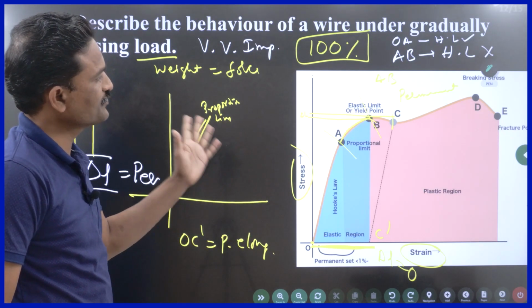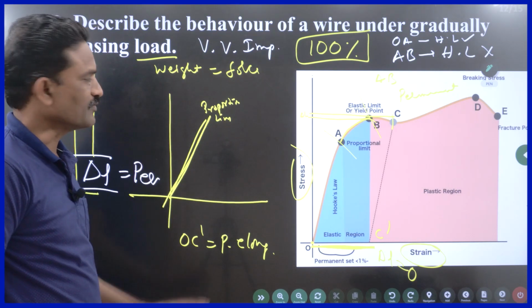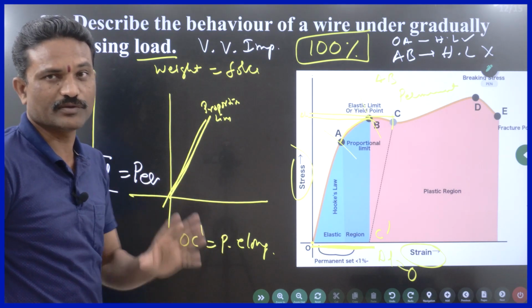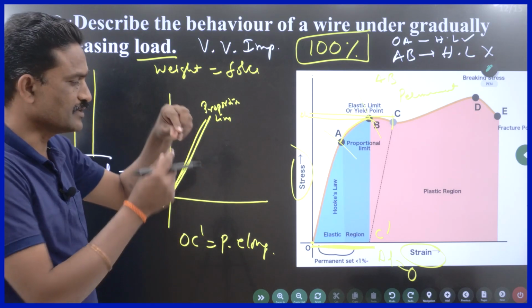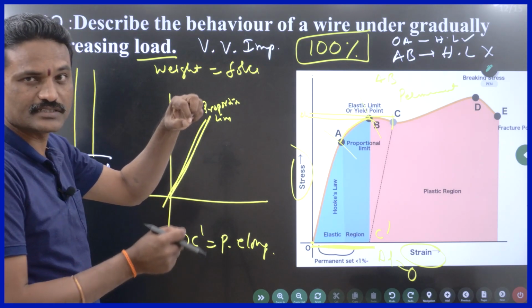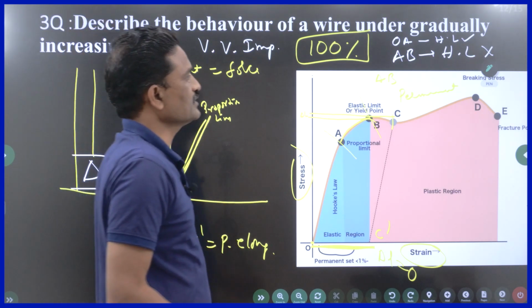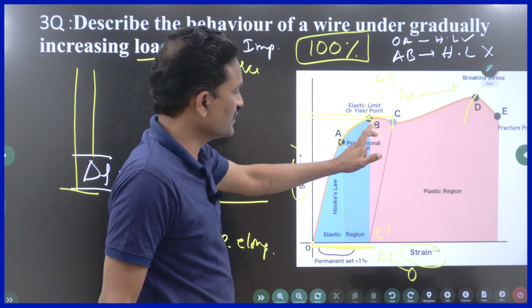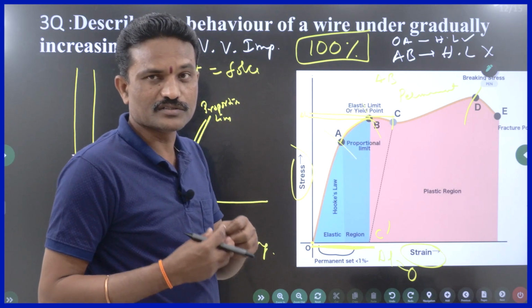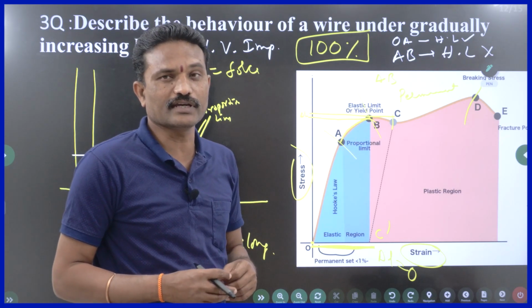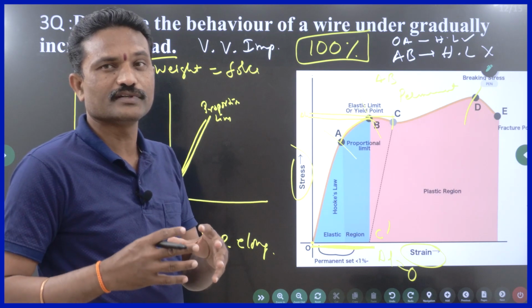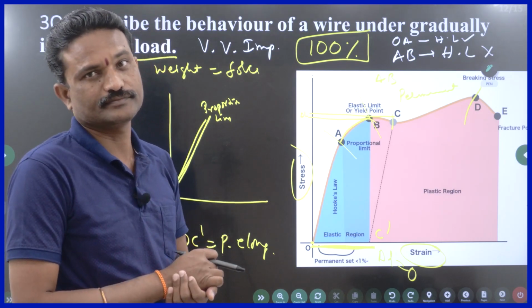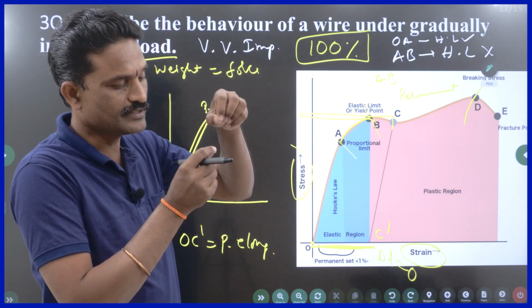After C, if you increase further, the wire behaves like a liquid, semi-solid. Its thickness gradually decreases. At some point, it will break. So after B, the wire is losing its solid property and behaving as if it is semi-solid.